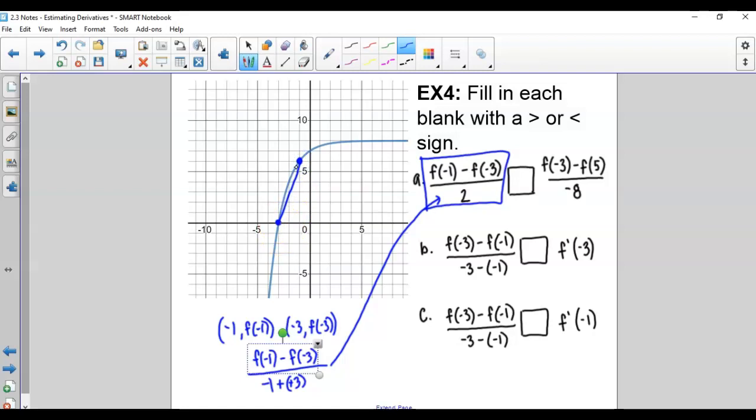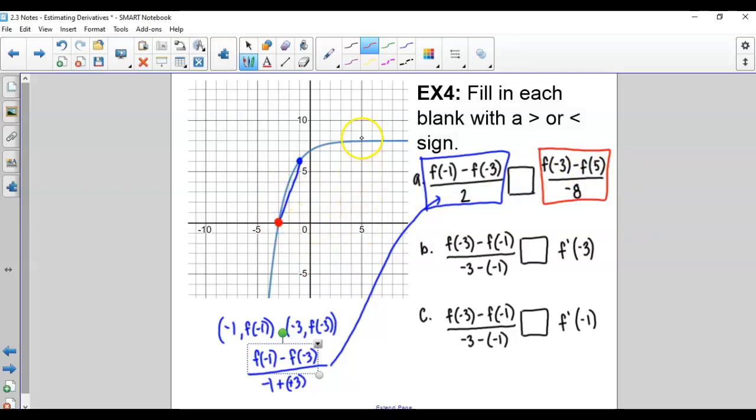We also have, I'm going to use red over here, f of -3 and 5. This is also a slope formula. If we do -3 minus 5, we'll get -8 right here. So this is the slope between -3, f of -3, and 5, f of 5. At -3, I've got this point right here.